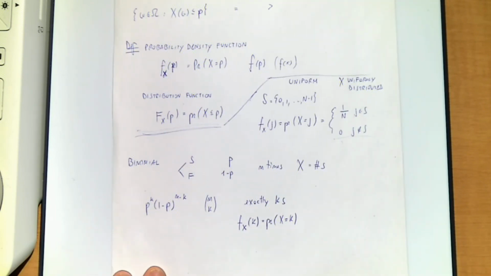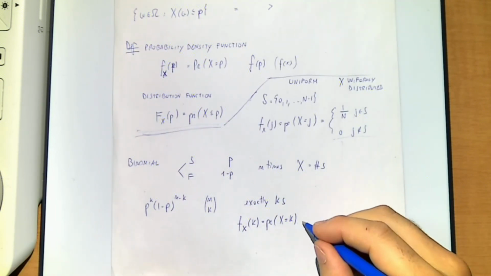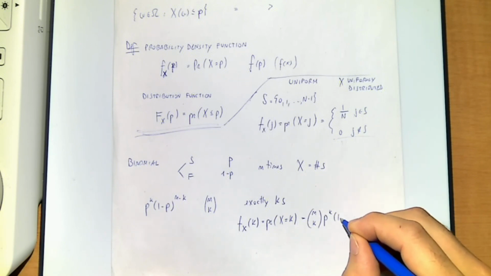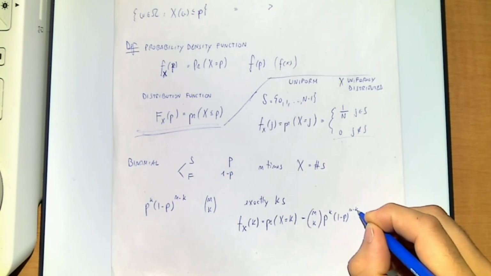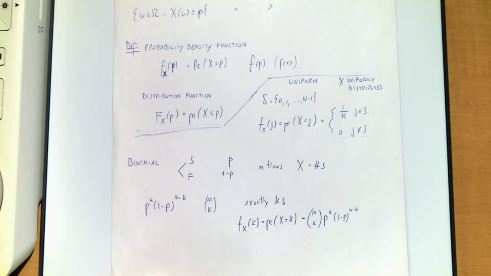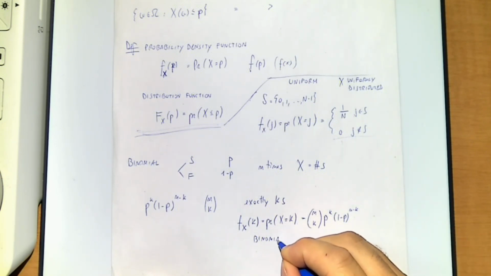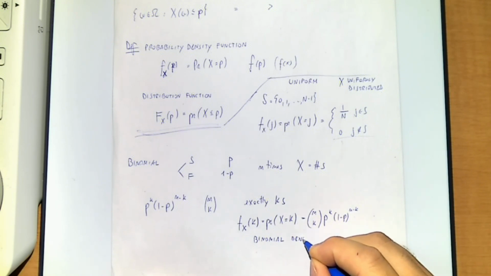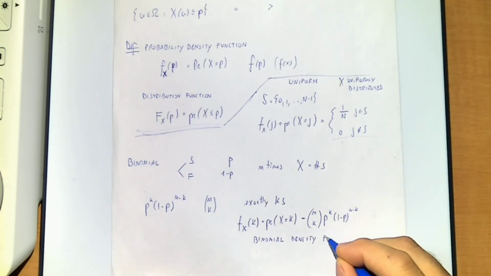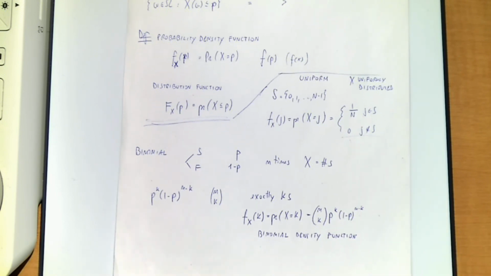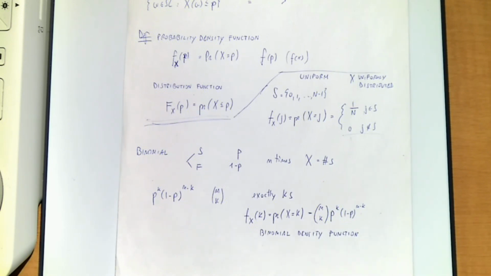And this is in fact going to be exactly n choose k, p to the k, 1 minus p to the n minus k. And this is called the binomial density function.